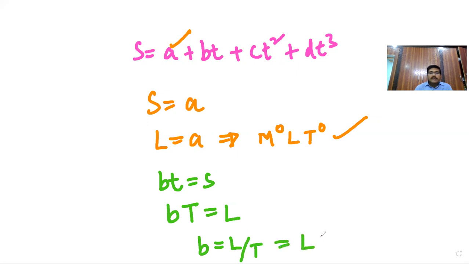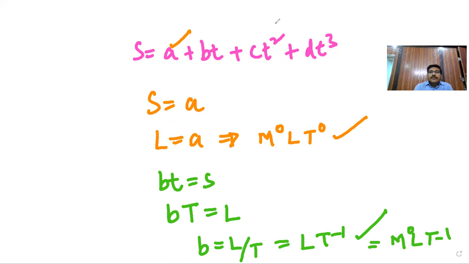So hence B is equal to LT minus 1. Clearly, M to the power of 0, LT minus 1. That is B.